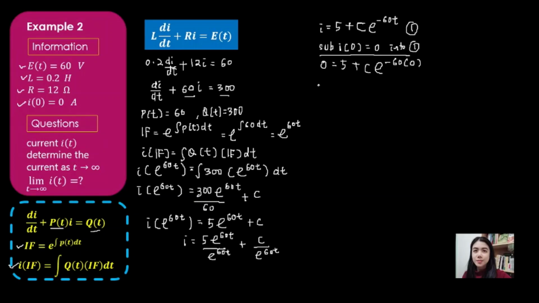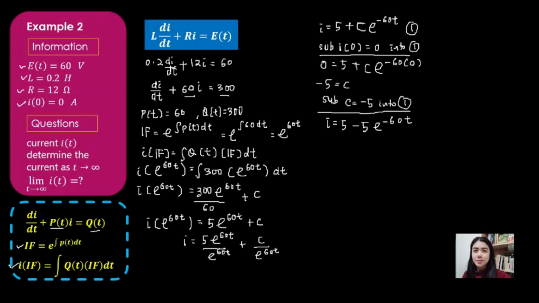Then we obtain the value of C as negative 5. Substituting C equals negative 5 into equation number 1, you have I equals 5 minus 5e^(-60t).